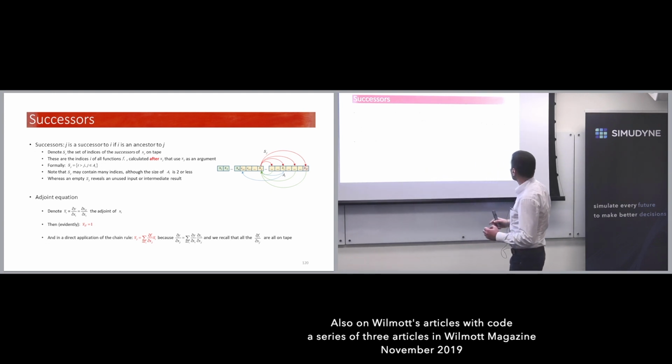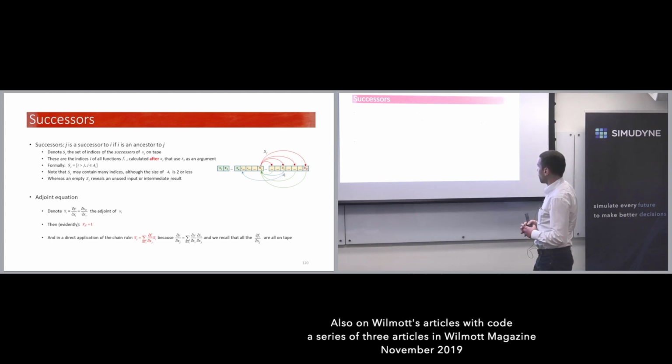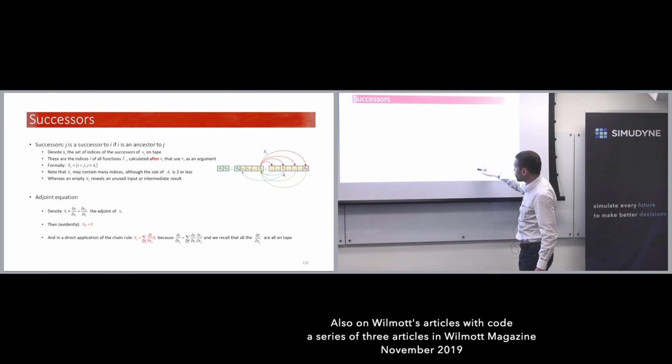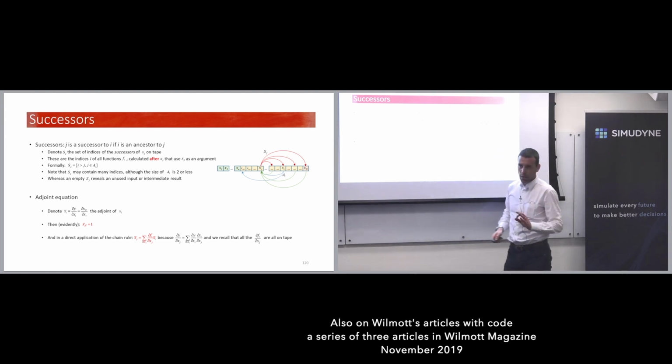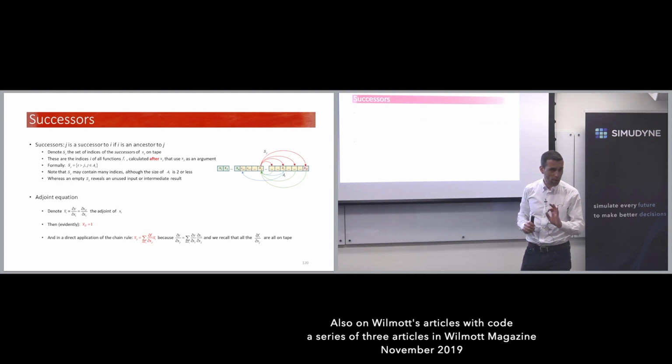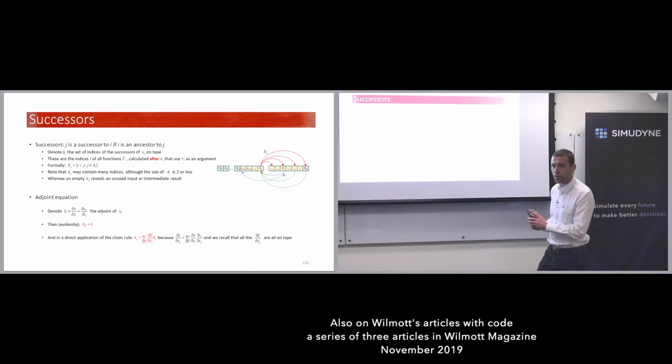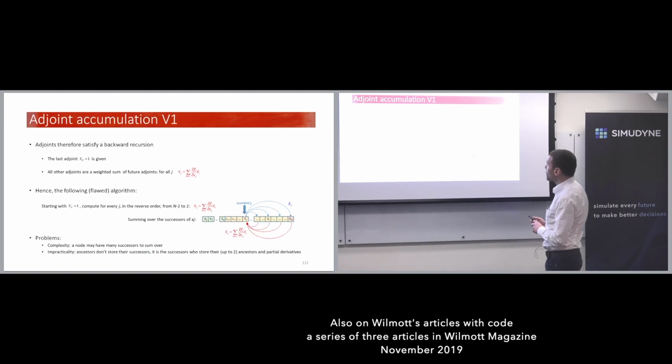And the successors are always located on tape later than the ancestors. And we recall that all the dfi over dxj, all these local derivatives, have already been calculated and recorded on tape by our overloaded operators, right? On the successor node.